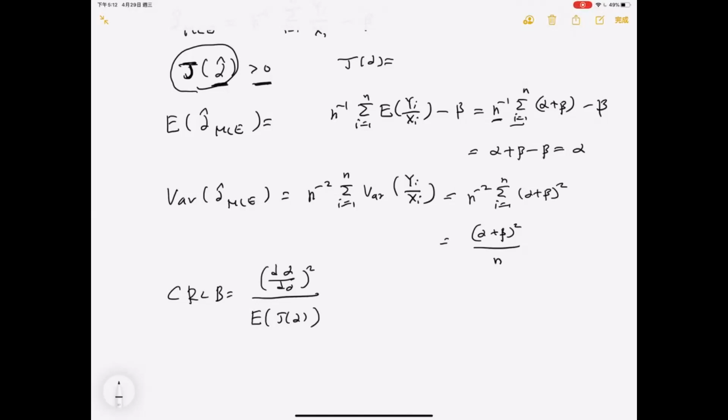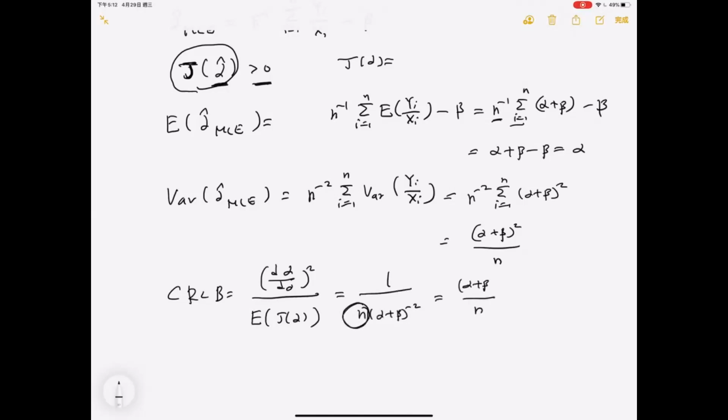Okay, right here I think it's 1. I think the expectation of the observed information eventually is n times alpha plus beta, then minus 2. Again, you will see the Cramer bound is divided by n.